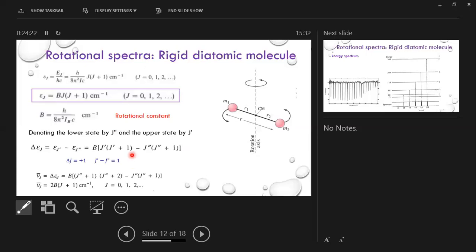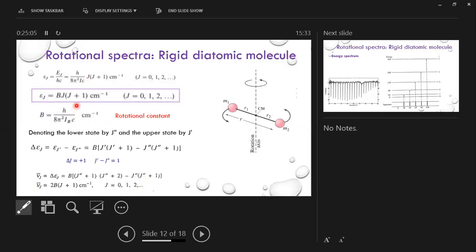If you consider absorption, the molecule is transitioning from the lower energy state J'' to the upper energy state J', then delta J will be +1 when J' minus J'' equals 1. Putting this in, we have this relation: ν̄_J is 2B(J+1) with J equal to 0, 1, 2, 3, etc. This is the mathematics we have done to get the expression for the energies.